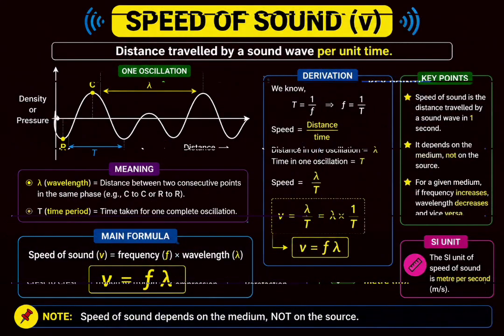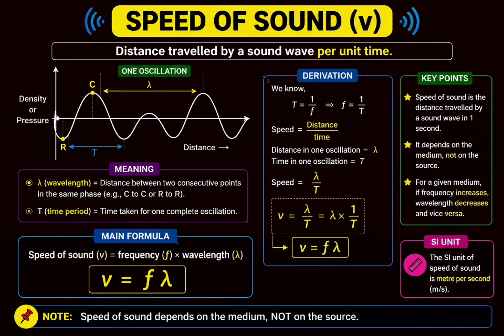Now, let's talk about the speed of sound. Speed tells us how much distance a sound wave travels in a given time. We know speed equals distance upon time. During one complete oscillation, the wave travels one wavelength lambda and the time taken is the time period T. So, v equals lambda upon T, where v means velocity and T means the time period.